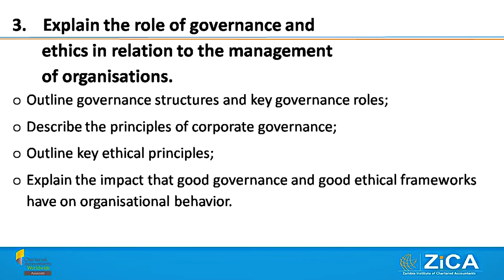The fourth one is explain the role of managers and theories of management in both the public and private sector. Here we expect the students to explain the role of the manager and the principles of management. We also expect that the student will outline leadership theories and styles, and also specify how management can use motivation.